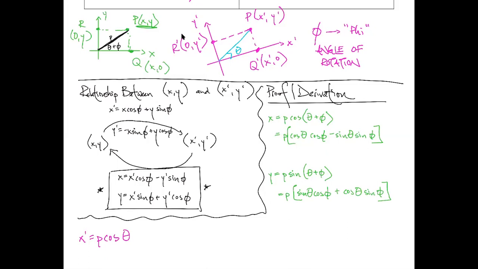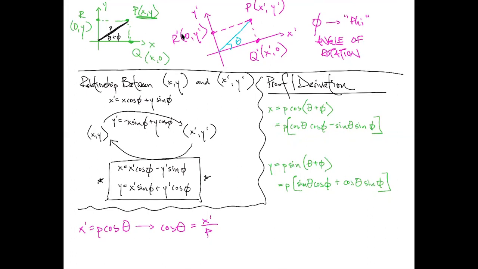And here's what we're going to do. We're going to isolate cosine theta. That gives us x prime over p. And everywhere we see cosine theta, we're going to replace this with x prime over p. So we're going to replace it up there. We're also going to replace it down here.